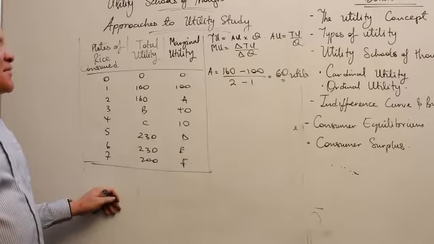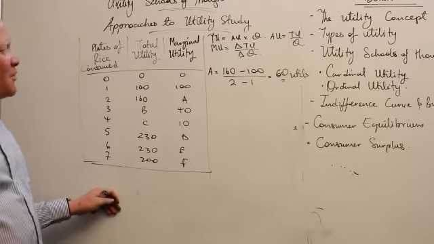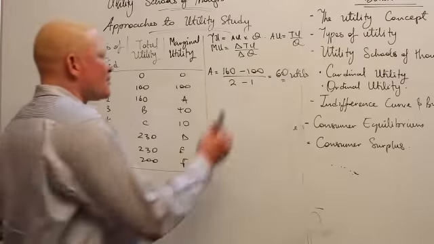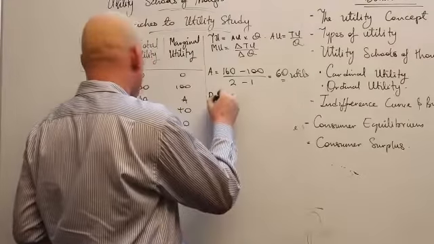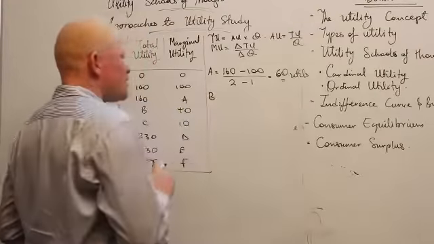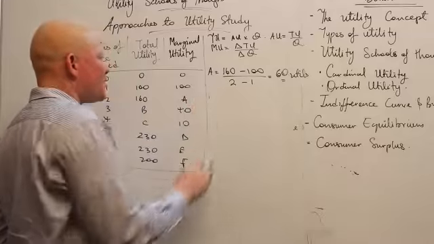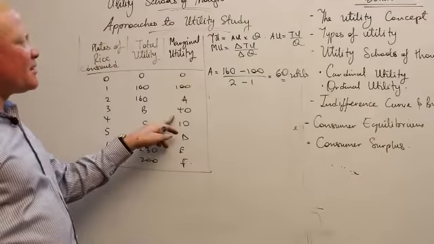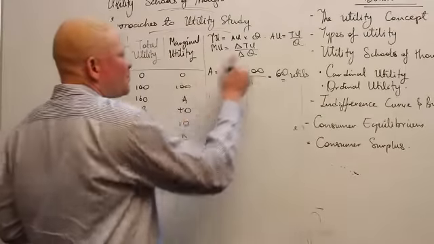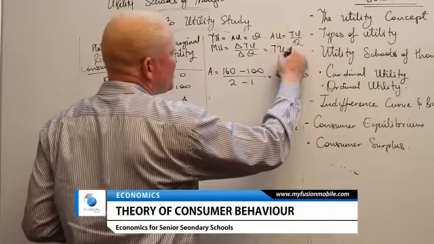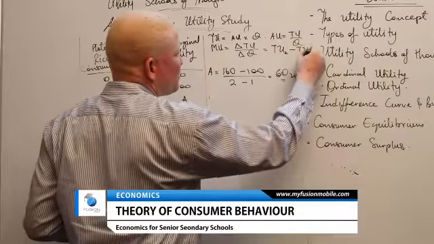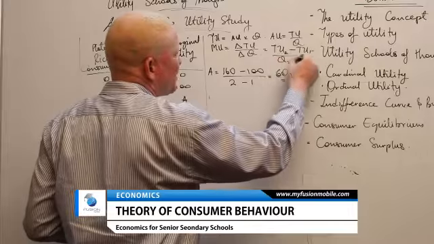Now, that is for A. To calculate for B, B is the new total utility. Remember, to break this down: marginal utility is total utility 2 minus TU1 divided by Q2 minus Q1.